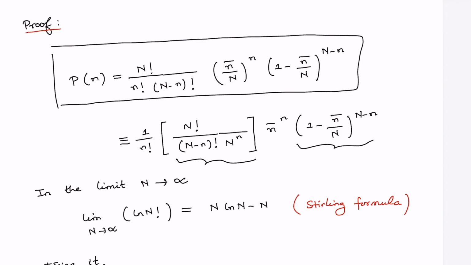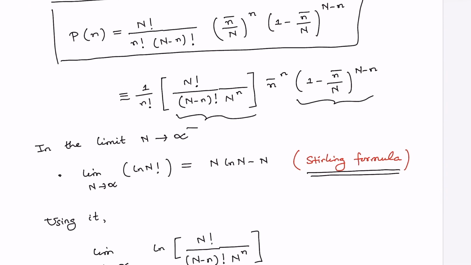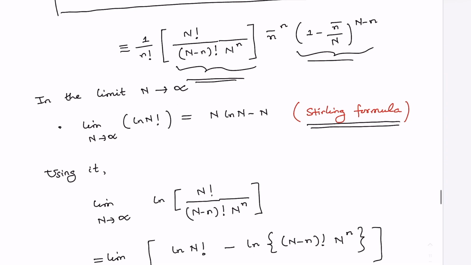And while I do that, I am going to apply what is called the Stirling formula, which some of you may be familiar with from your statistical mechanics course. This Stirling formula is that logarithm of n factorial in the limit capital N tends to infinity is n logarithm of n minus n, and using it, first I am considering this term, then I will consider this term. So first let me consider this term.